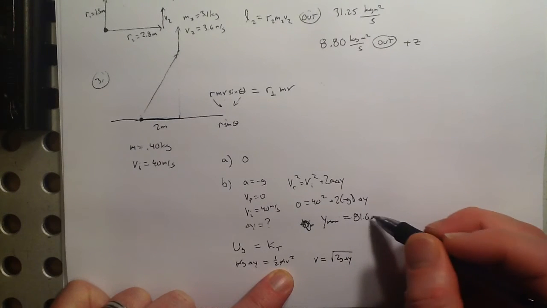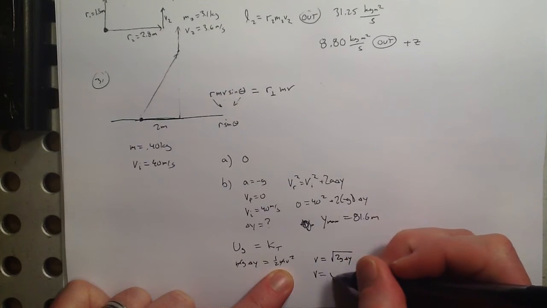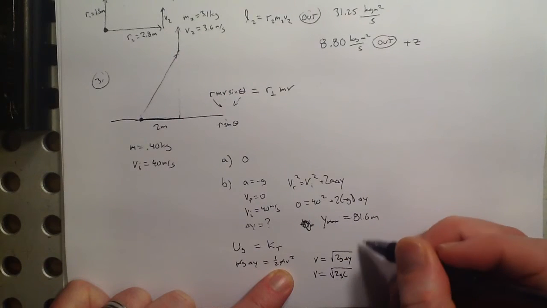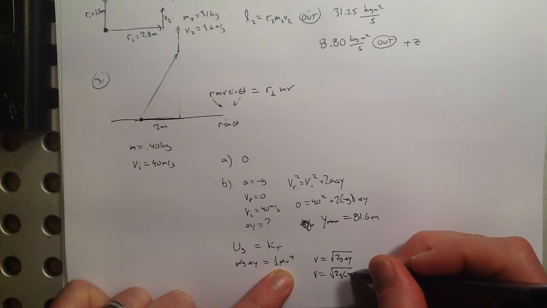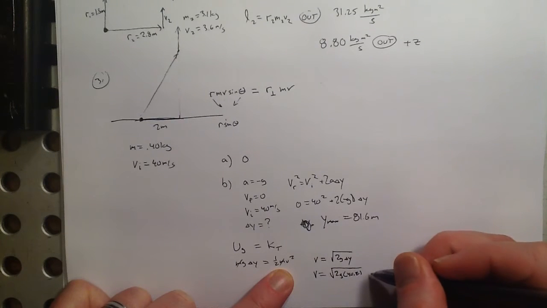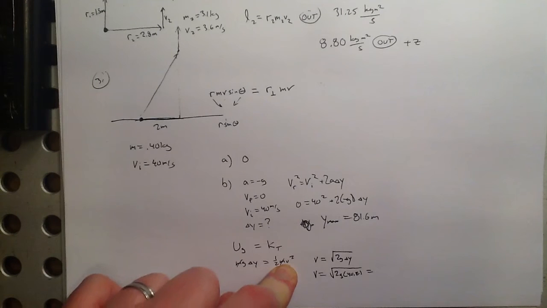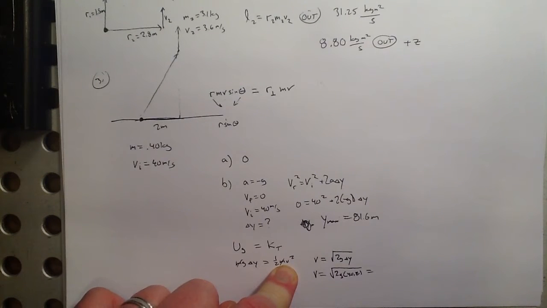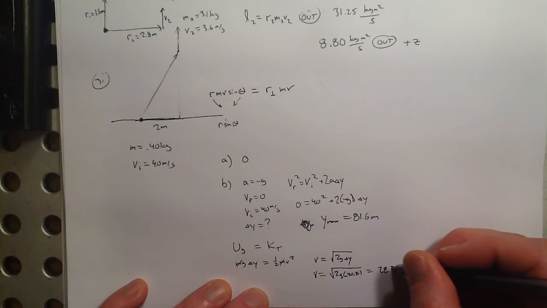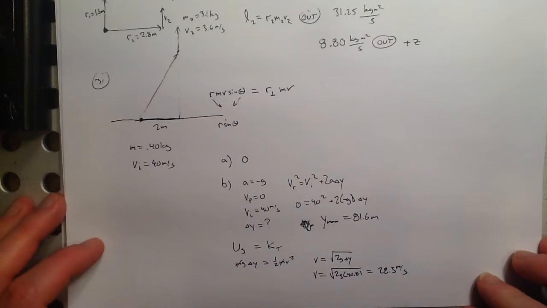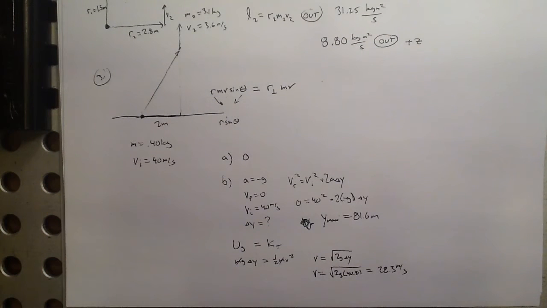And when it's dropped halfway back down from here, that v would be equal to the square root of 2g times half of this, which is what, 40.8? So that's the square root of 2g h. So it's 28.3 meters per second when it's halfway up.